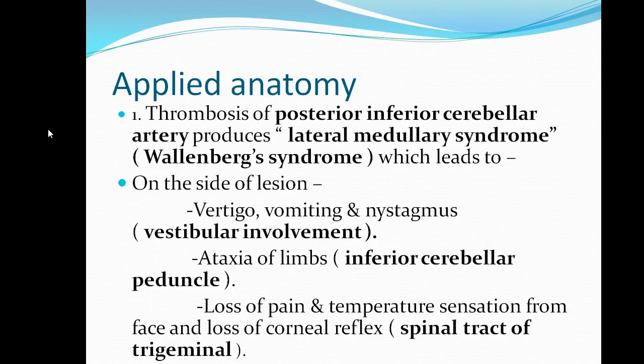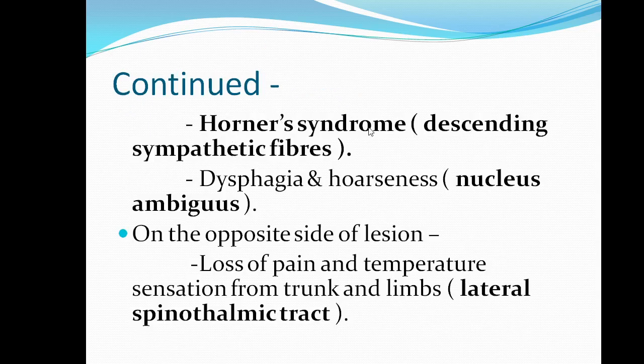Applied anatomy. The thrombosis of posterior inferior cerebellar artery produces lateral medullary syndrome or Wallenberg syndrome, which leads to, on the side of the lesion, vertigo, vomiting, and nystagmus because of the vestibular involvement, ataxia of the limbs because of the inferior cerebellar peduncle involvement, loss of pain and temperature sensation from the face, and loss of corneal reflex because of the spinal tract of the trigeminal nerve, Horner syndrome because of the involvement of descending sympathetic fibers, dysphagia and hoarseness, that is involvement of nucleus ambiguus.